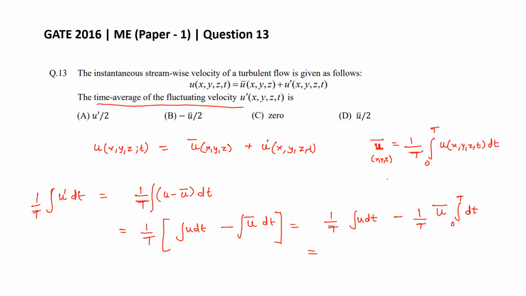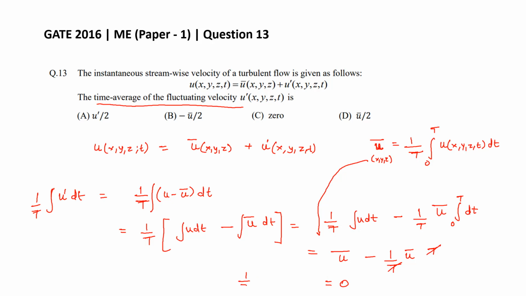This by definition we already know is u bar. We can use this here and say that 1 by T integral u dt is nothing but u bar, minus 1 over T u bar, and then integrating 0 to T dt will just give you T, which cancels out. And then u bar and u bar, if you take the subtraction, will be 0.